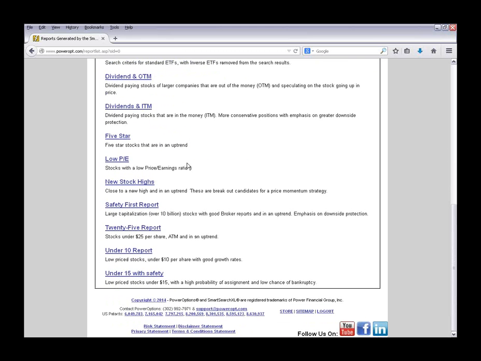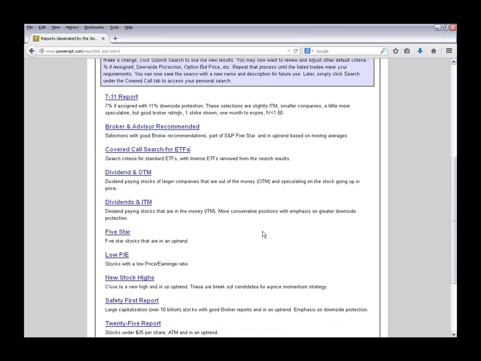Some other searches you might find here in the sample search menu are stocks with a low price-to-earnings ratio, stocks hitting new highs, covered call opportunities on large cap in the Safety First report, and then we have some themed searches for lower price securities that are also in an uptrend and possibly highly recommended and showing good growth, with stocks under $25 or under $10 per share, for example.